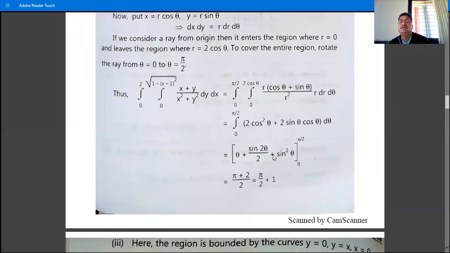Then integration with respect to theta first. Integrating with respect to theta, cos theta integrates to sin theta, and sin theta integrates to minus cos theta, then take the value at the upper limit and the value at the lower limit.